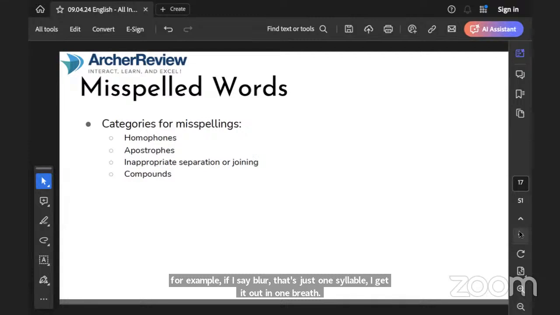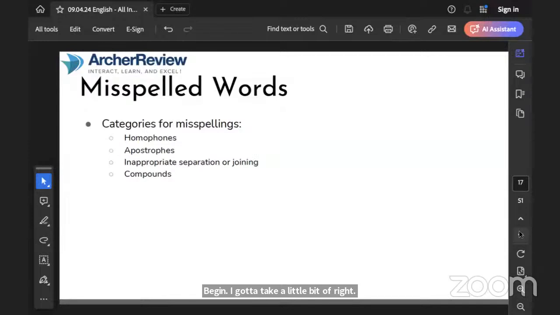Begin, I got to take a little bit of a break. Begin. You see that? It's kind of like if you have the word between, between, that's going to have two syllables. It's longer than the word begin, but it's going to have two syllables.